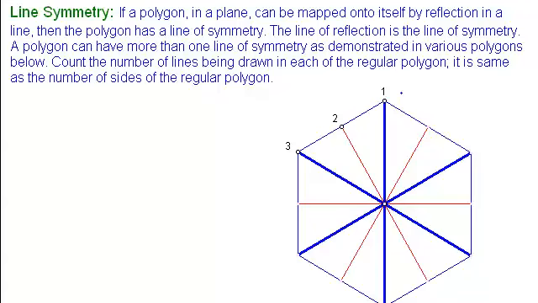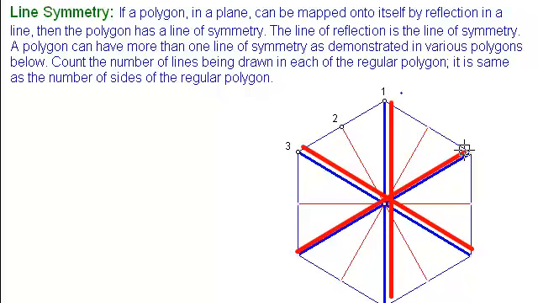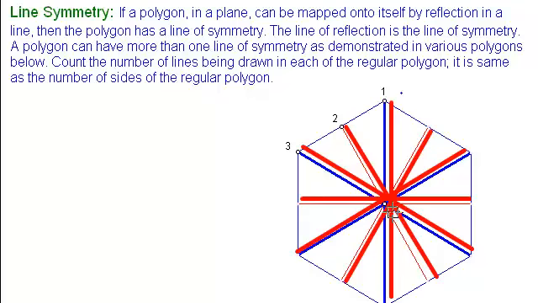Let me draw the lines so you might be able to see them. So 1 is coming from here to here, then this is the second one, this is the third one. I'm counting from the vertex of each, and then I'm going to count the midpoints. So these are the 3 we counted, then this one is the 4th, this is the 5th, and this is the 6th. So we have 6 lines of symmetry in the case of a hexagon.